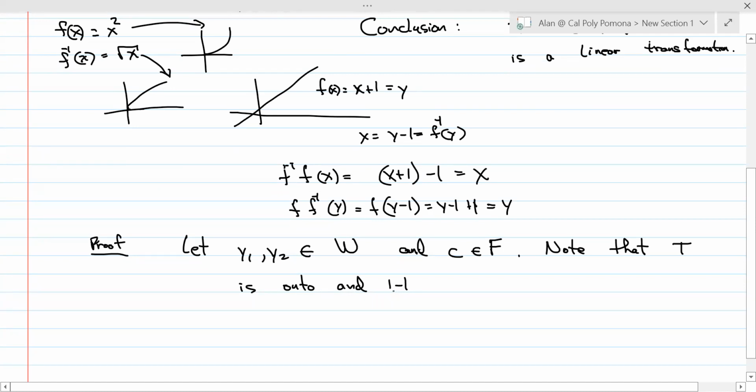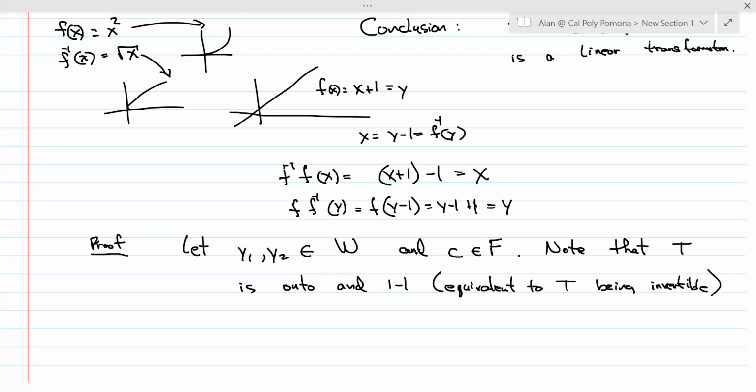Back from Math 3100, a function going from one space to another, an inverse exists only if it's one-to-one and onto. So this is equivalent to T being invertible. And this is a case where we're referring to the result from Math 3100. Okay, so knowing that T is invertible means that it's one-to-one and onto.